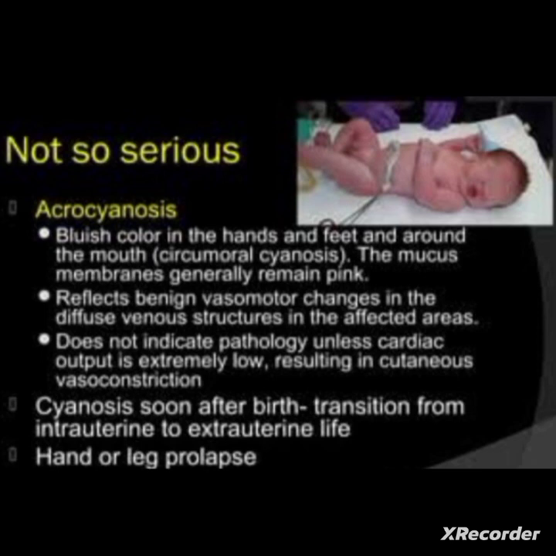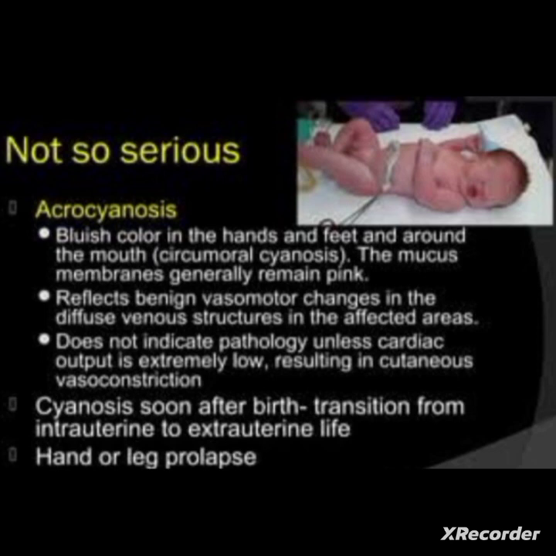Cyanosis soon after birth occurs with the transition from intrauterine to extrauterine life. So acrocyanosis may commonly occur in newborns during this transition. The body will take time to adjust to the new situation. It may occur in the hands or legs.